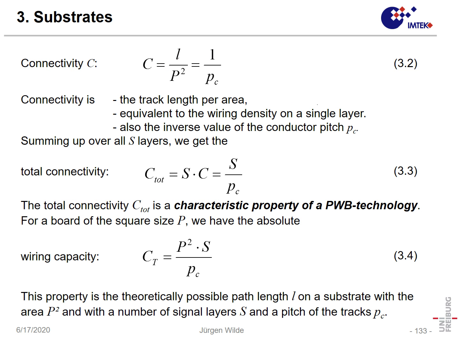And the so-called connectivity is a property which gives us the length per area. So it is a property of a technology. And we can show that this connectivity, which is the possible length of conductors per area, p², is just the inverse of the pitch.